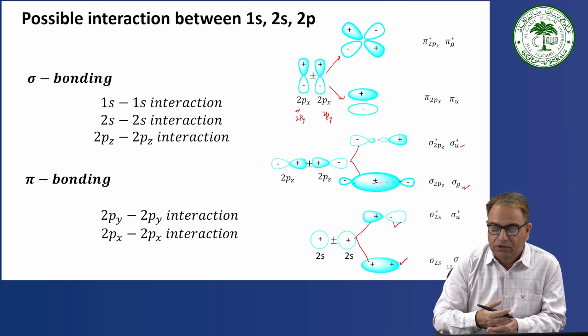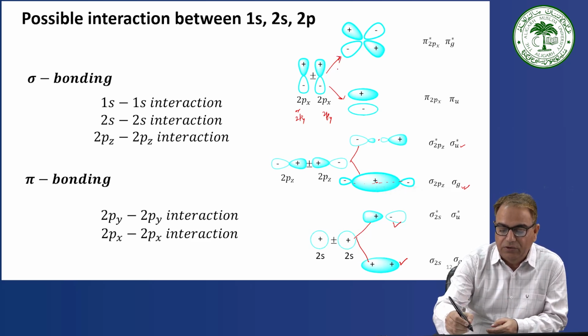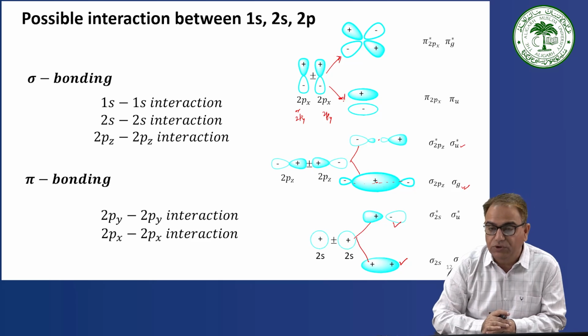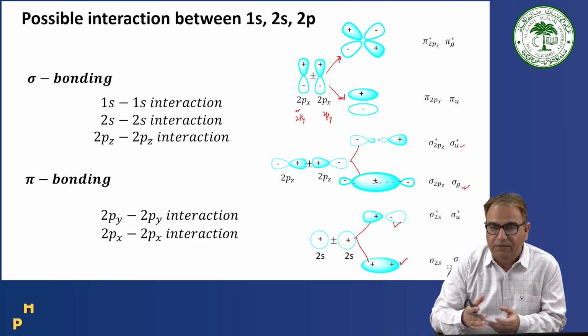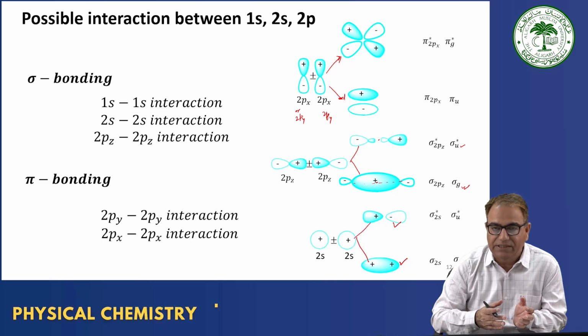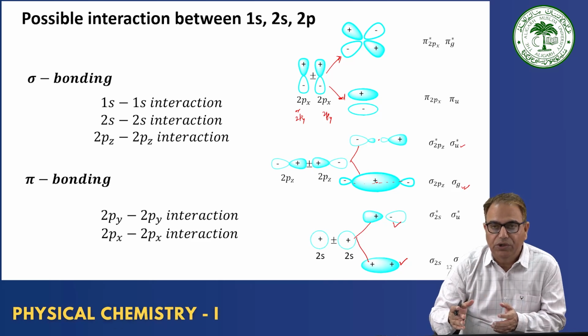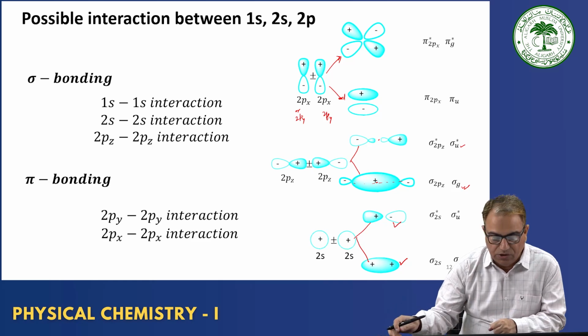So these are the molecular orbitals you get for the diatomic molecules from H2 to Ne2. The 3s orbital we are not talking about. We are limiting ourselves to Ne2 molecules only.